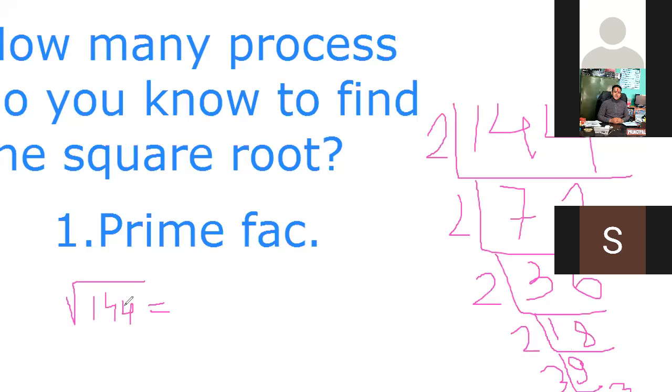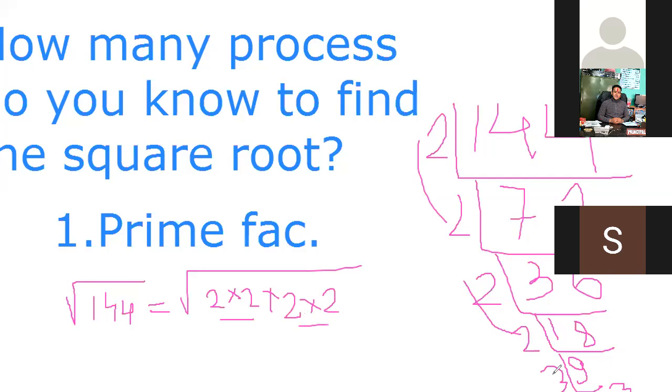So now root 144 means what you got? Count this. One pair of 2. 2 pair of 2. 1, 2. So another pair of 2. And last, what is the pair now? 3. 3.